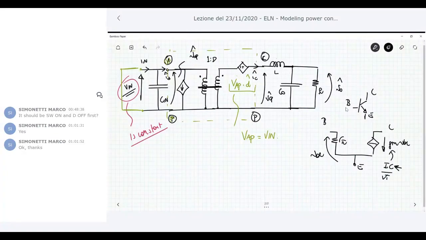VAP is not null, due to the fact that I have to put Vin to null. This is the Vin voltage that you can have in your DC operating point. So these two sources are something that you have to take into account without any modification.